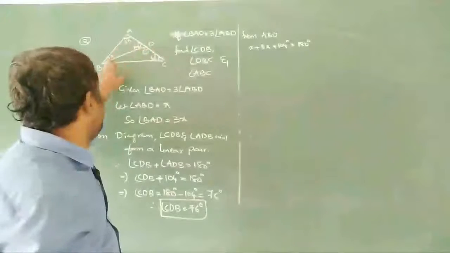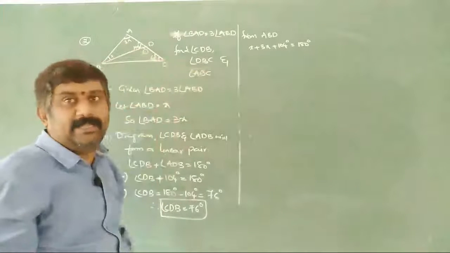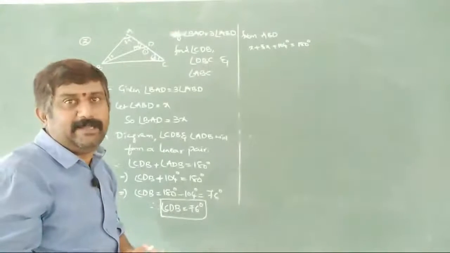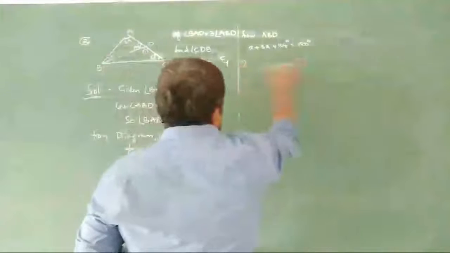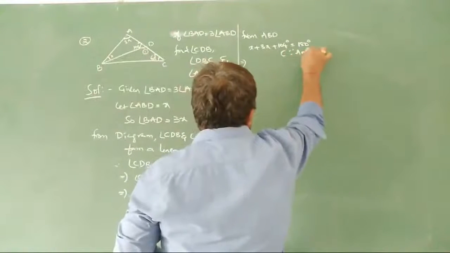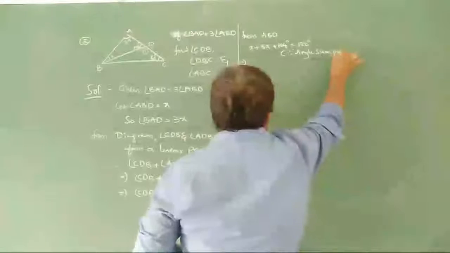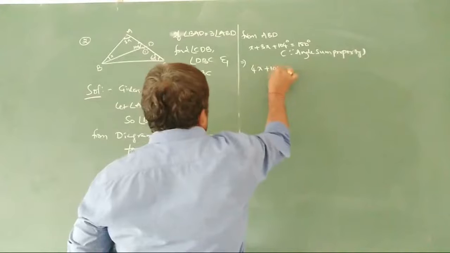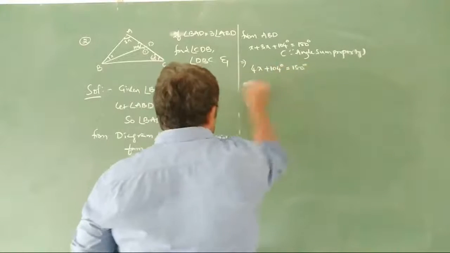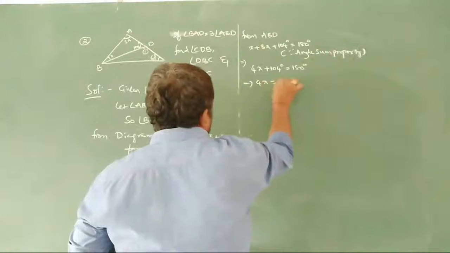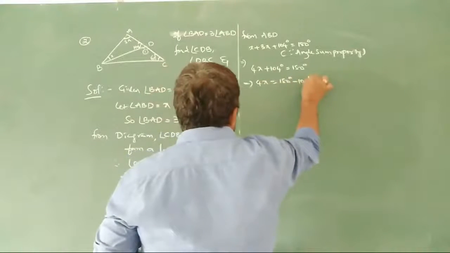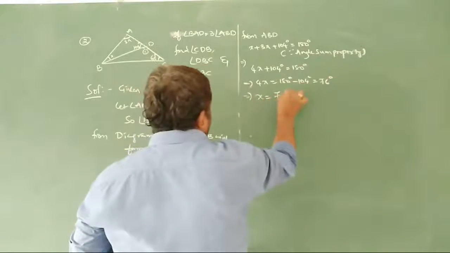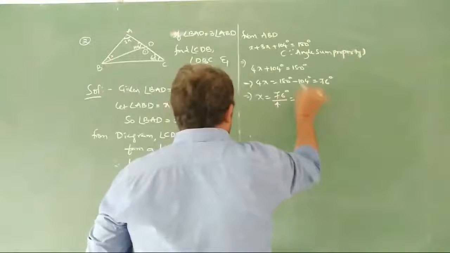Why are we taking it like this? Because it is the angle sum property of a triangle. So 4x plus 104 is equal to 180 degrees, or else 4x is equal to 180 minus 104, or 76 degrees. So x is 76 by 4, or else 19 degrees.